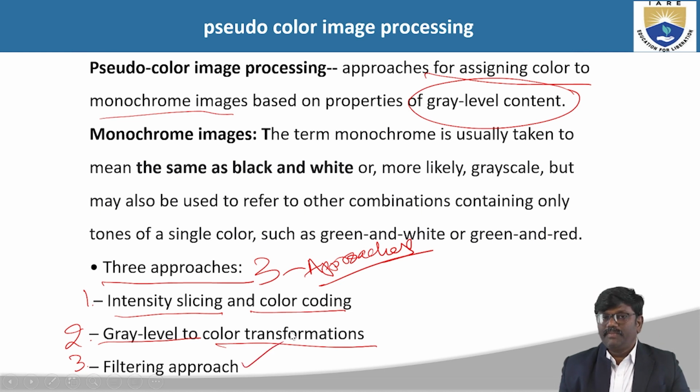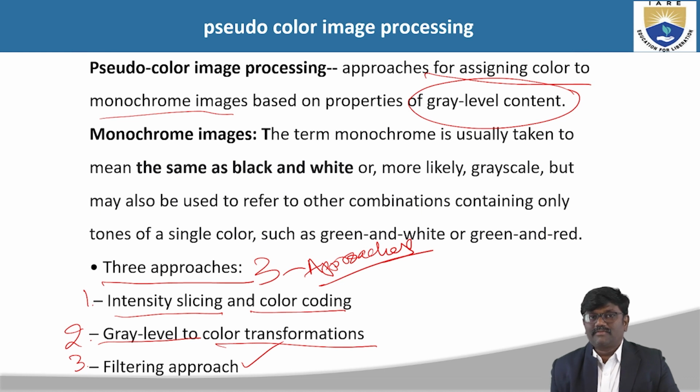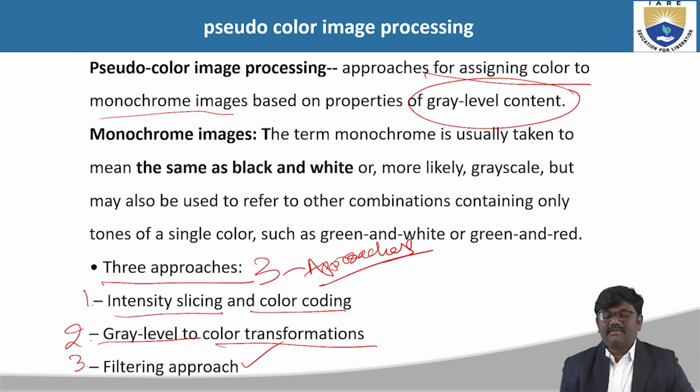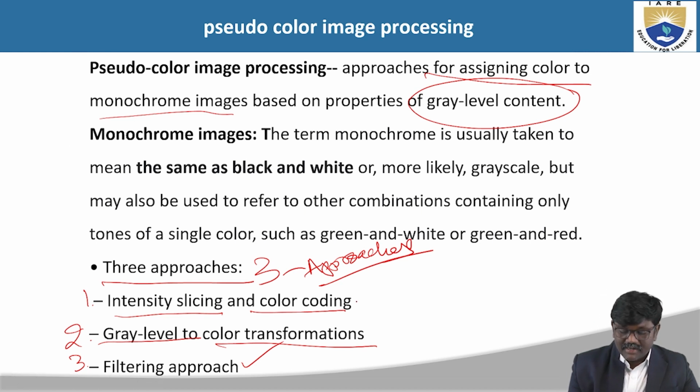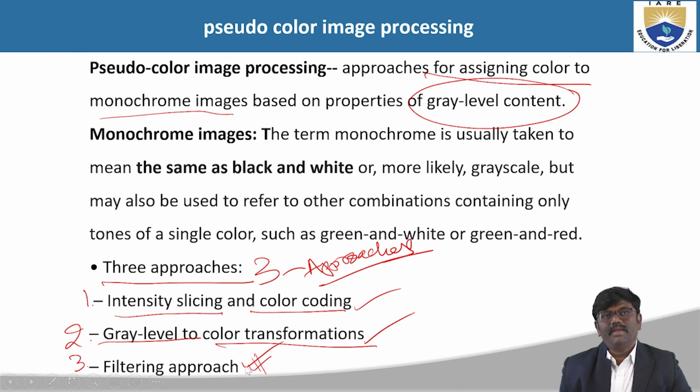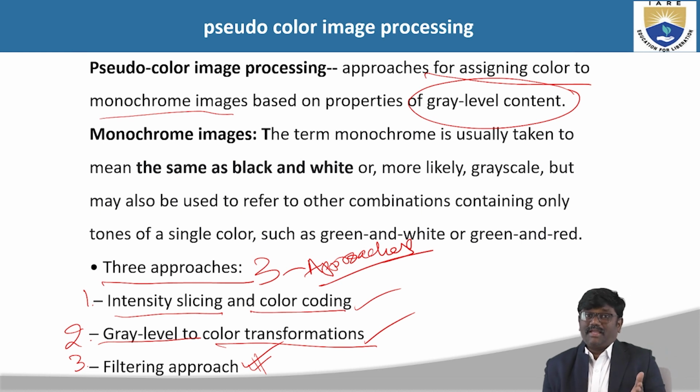Obviously, filtering approaches will be there in the pre-processing, as we understood from the previous classes also. With the help of these three approaches, it is easy to proceed with applied pseudo color image processing, converting a black and white image into a color image.